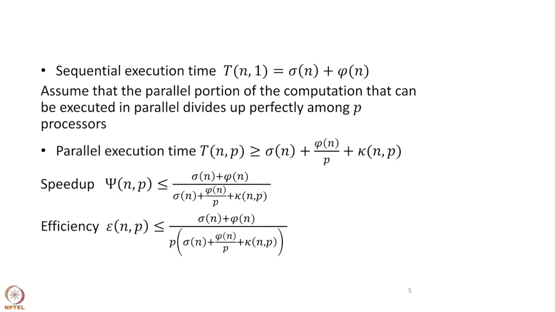The parallel execution time T(n,p) is greater than or equal to sigma(n) plus psi(n) divided by p plus kappa(n,p).